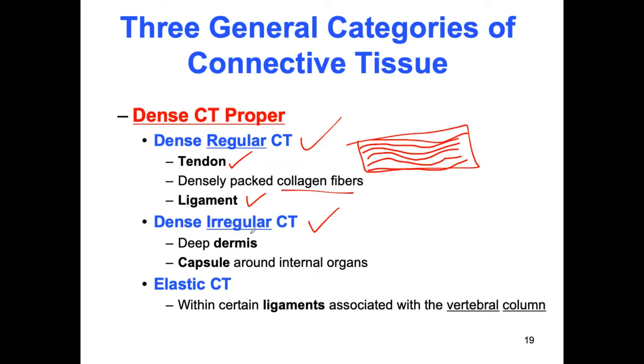The dense irregular, this is when we have collagen fibers, once again, some may run this way, some may run in this direction, some may go in that direction, right? So it's in a multitude of directions, and we'll find them in the skin, but in the deeper part of the skin called the dermis.